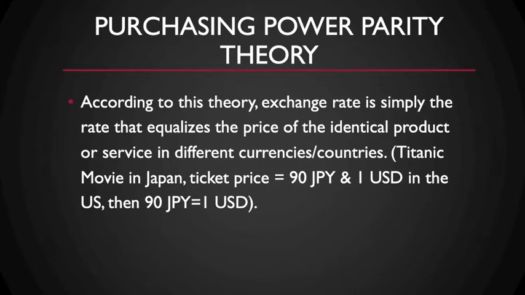If you go to watch this movie in a movie theater in Japan, and its ticket price is 90 Japanese yen, and if you go and watch the same movie in the US, and the ticket price in the US is $1, then according to this theory, $1 should be equal to 90 Japanese yen.